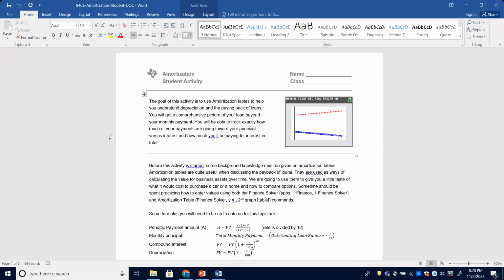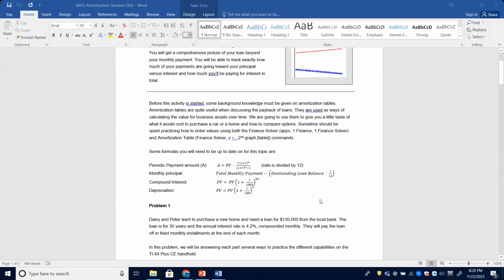This is a very good example where you'll have an overview to start, giving you the goal or a little explanation of the activity, and a little screenshot of something you might see down the line. A lot of times I'll give you some background information. Maybe the students have seen this information before, maybe this is the first time they're seeing it.